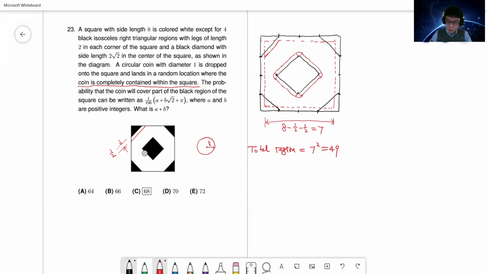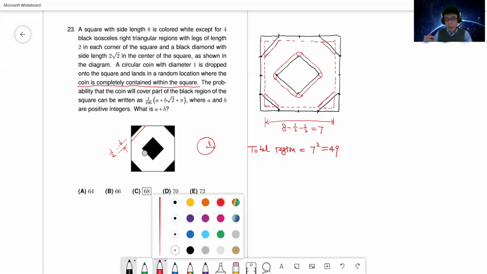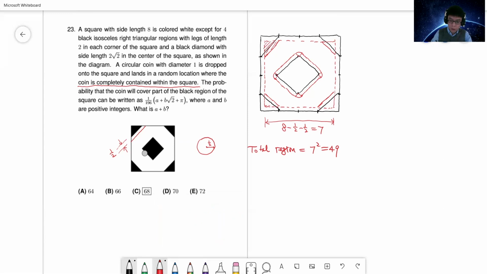And still for the 4 corners, we have this distance 1/2. So as long as the center of the coin lies in this red region, the coin will cover part of the black region.